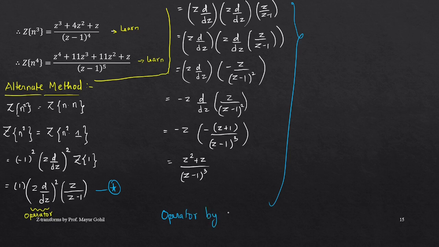Like I have first operated this on this term, then I got the answer, then I take the second operator and let it operate upon that answer, and I get the final answer. So this is operator by operator. Now let me show you one more way, where you solve the operator itself and get the whole thing done.